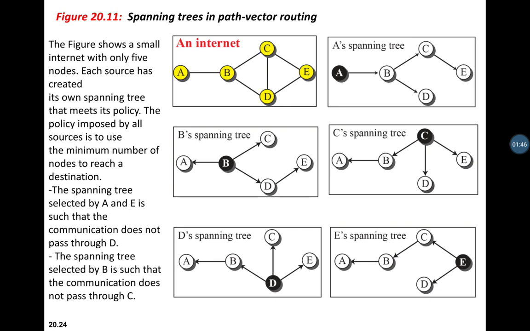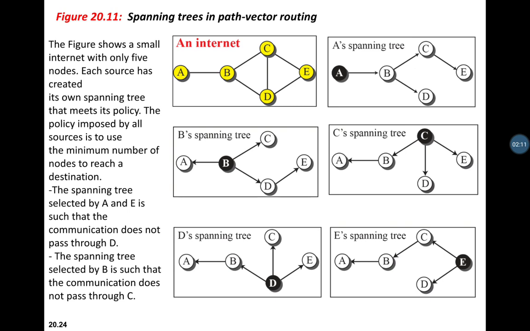So if there is more than one route from source to destination, the source can choose the route that meets its policy the best. One of the common policies used in path vector routing is using the minimum number of nodes to be visited.